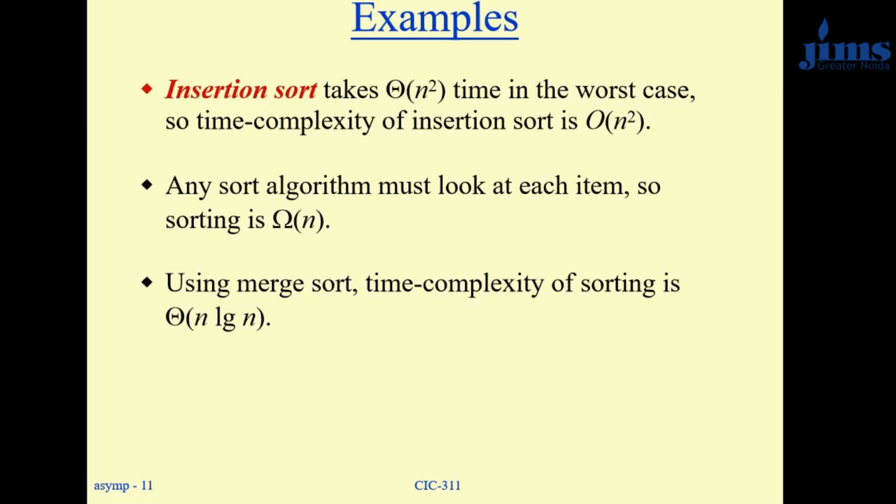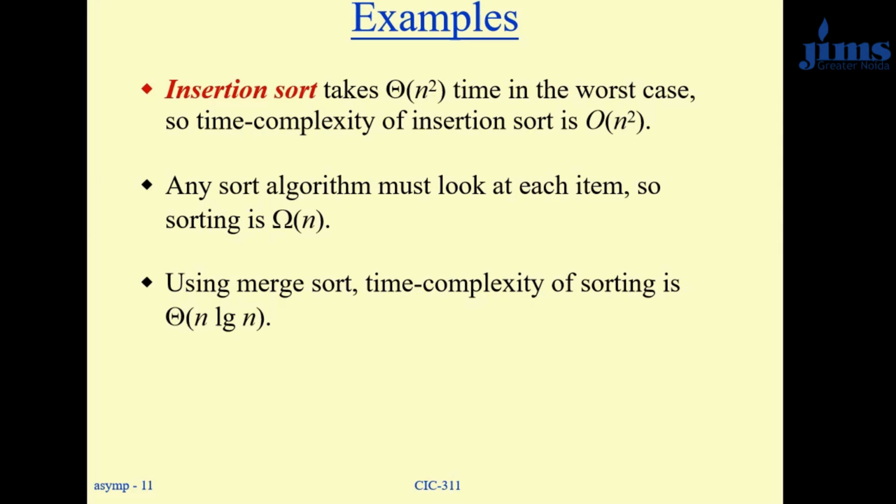So there are a total of n minus 1 comparisons. If the function is n minus 1, what is the asymptotic notation in terms of omega? It is n. Why omega? Because this is the lower bound. Lower bound means the number of comparisons that have to be executed in the sorting algorithm cannot be less than that. Since it cannot be less than n minus 1, n minus 1 is acting as the lower bound, so we say that the complexity is omega of n.